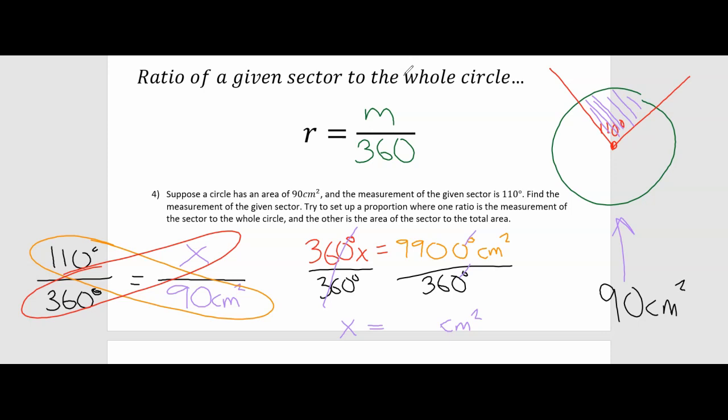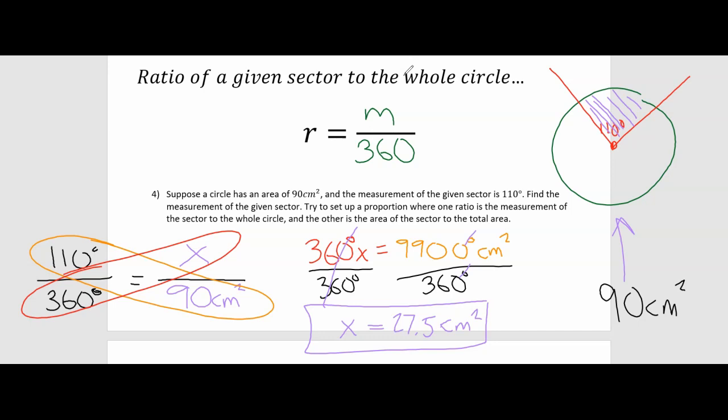So 9,900 divided by 360 gives us 27.5. You don't have to keep the units on there if you understand that they're going to simplify out in the end. I just want to show you why we're allowed to do this and how the units come out correctly at the end. We want to end up with centimeters squared because that's the units that x has to be in, and everything else simplifies out nicely.